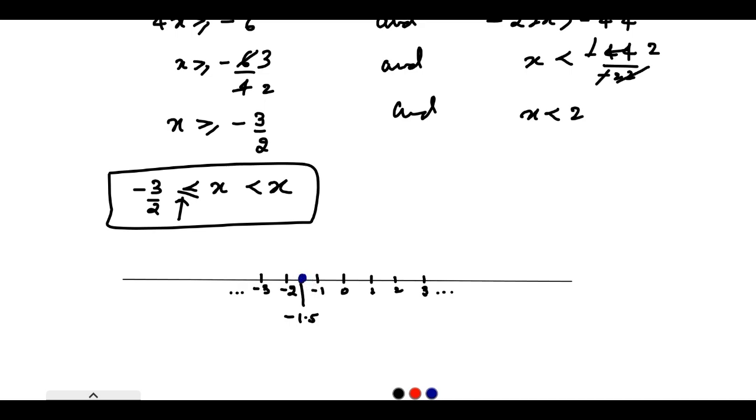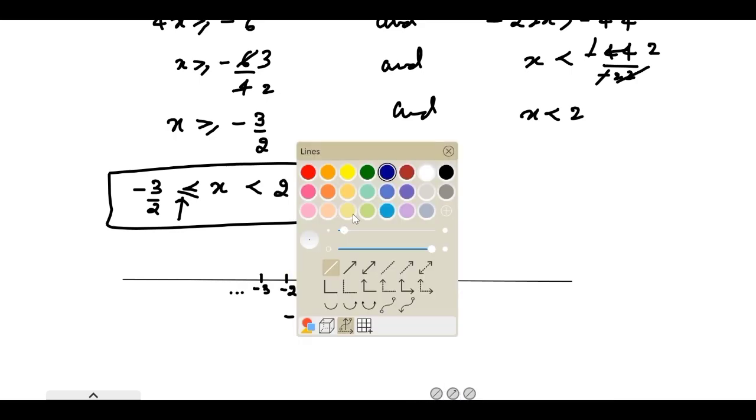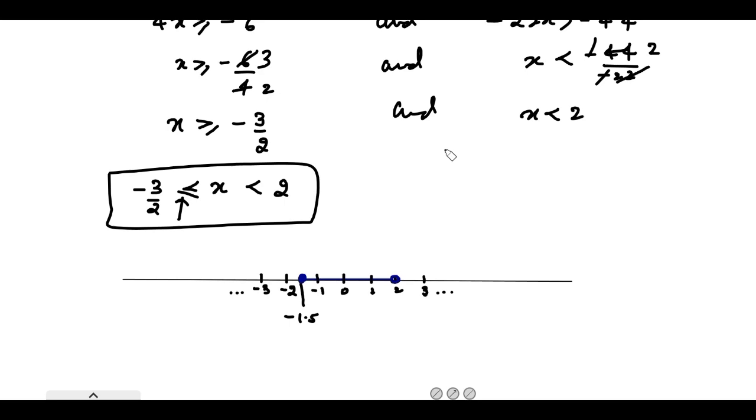X belongs to real numbers and x is less than 2, but 2 is not included in our solution, so we will make an open circle on this. The representation of solution on number line: this is open circle because 2 is excluded, this is closed circle because minus 3 by 2 is included.